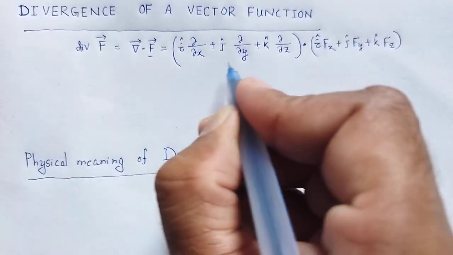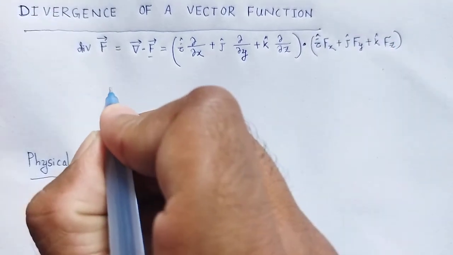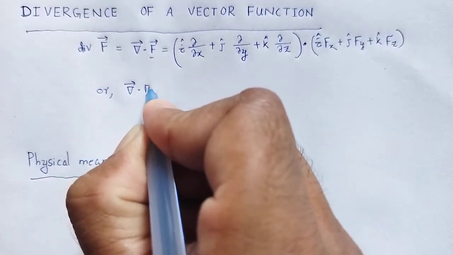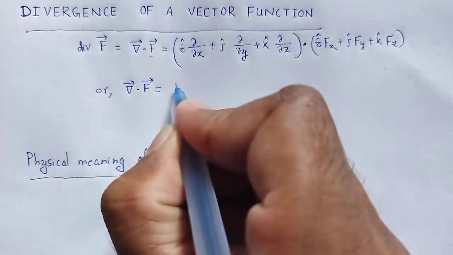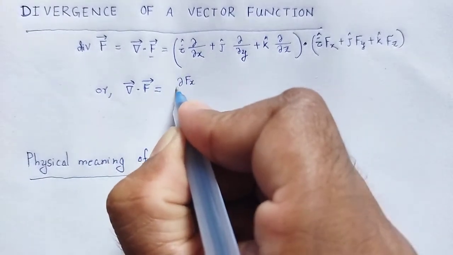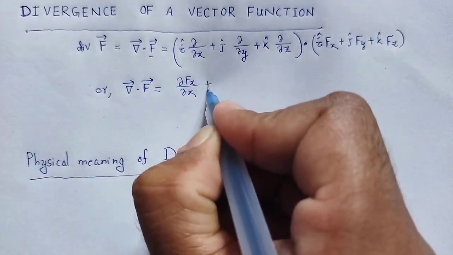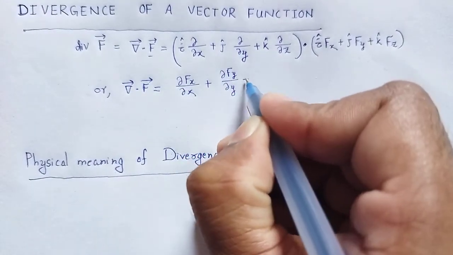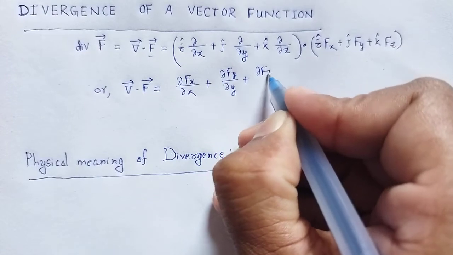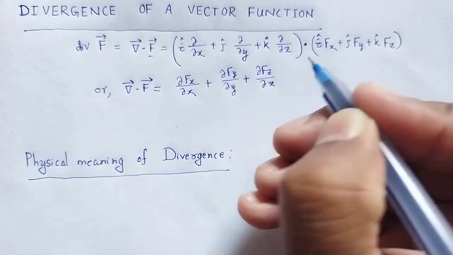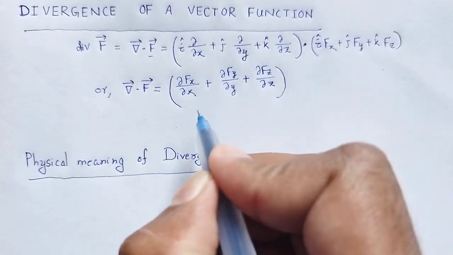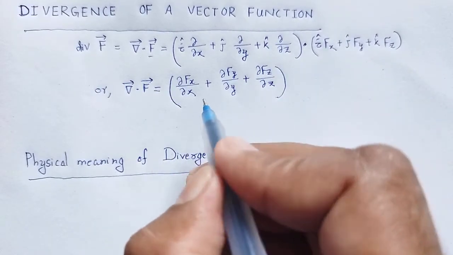That's why the result of that dot product is written as grad dot f is equal to del fx by del x plus del fy by del y plus del fz by del z, which is a scalar function.